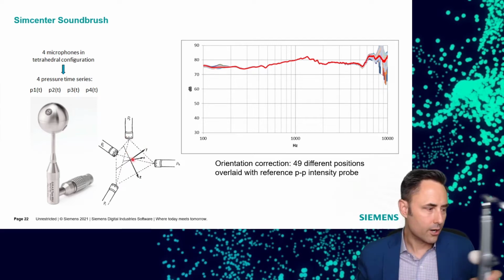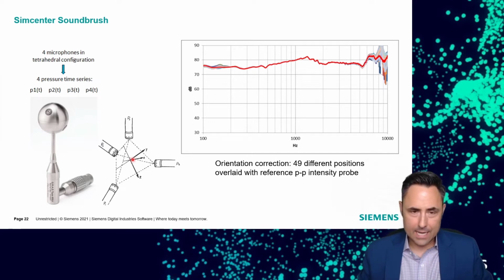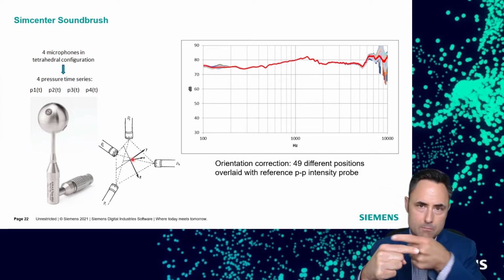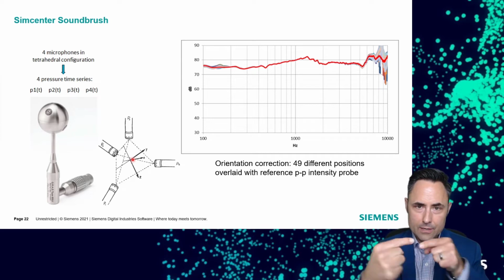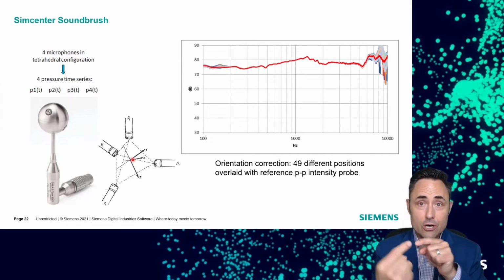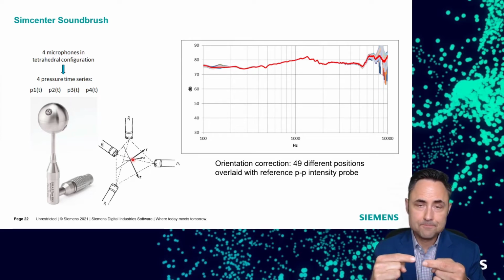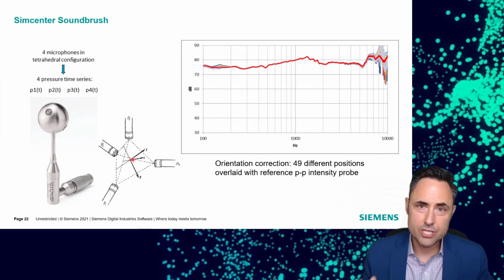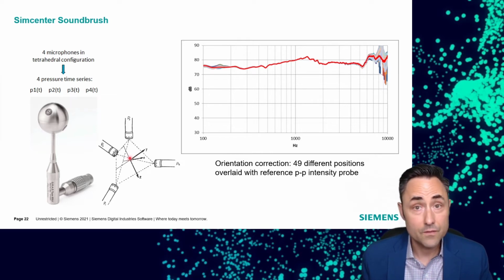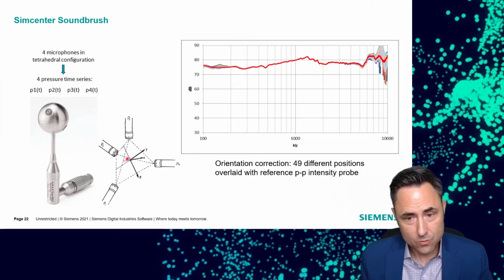Where our 2 microphone probe only measured in one direction, and if I was 90 degrees off, I would get 0, and this would be my actual answer, the Soundbrush doesn't have that same restriction. It's measuring in all 3 components of X, Y, and Z all the time based on these 4 pressure measurements we're making all at the same time. Okay, so that's one key aspect.